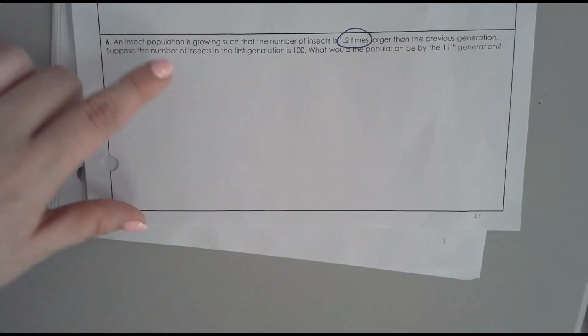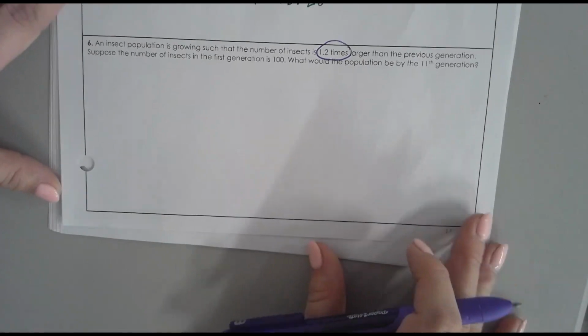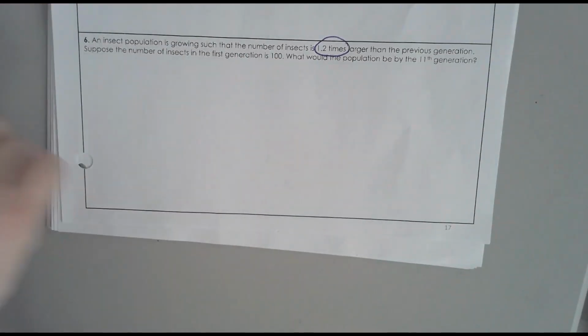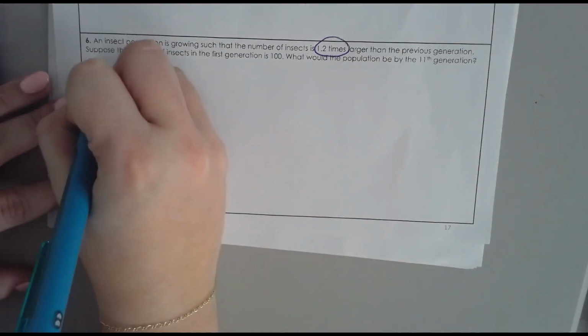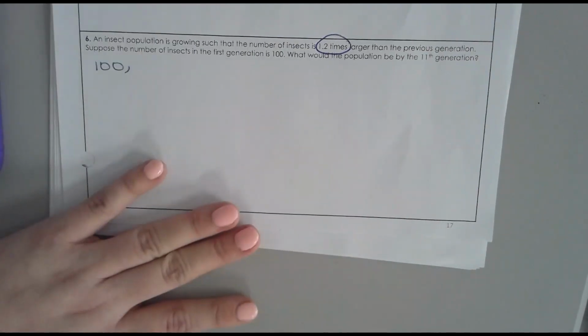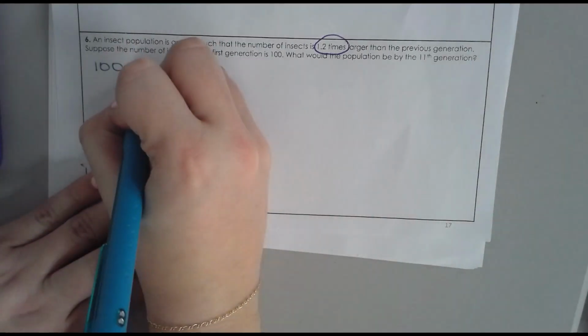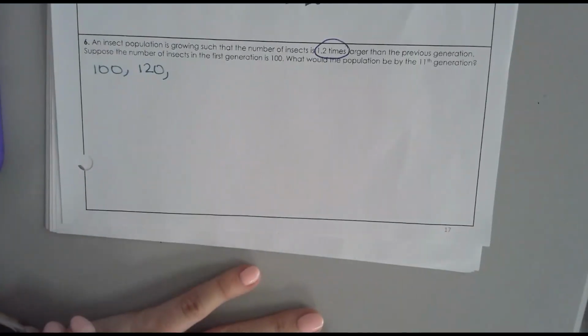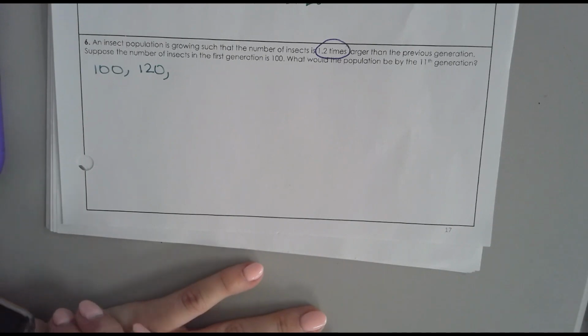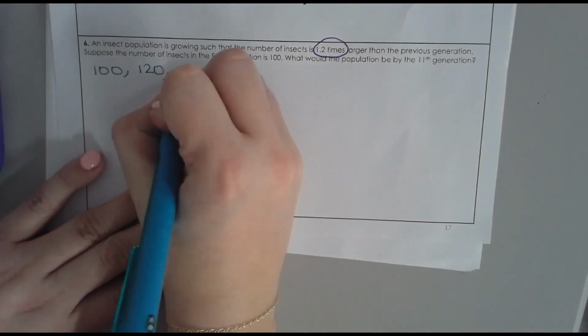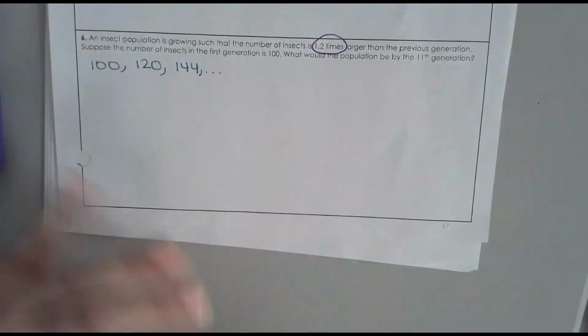Suppose the number of insects in the first generation is 100. So my first term is 100. How am I going to find my second term? Times that by 1.2. And you get 120. And then times that by 1.2. And you get 144. And so on. Good.